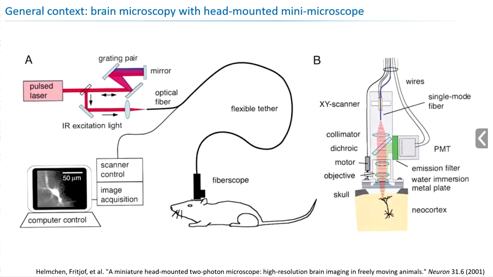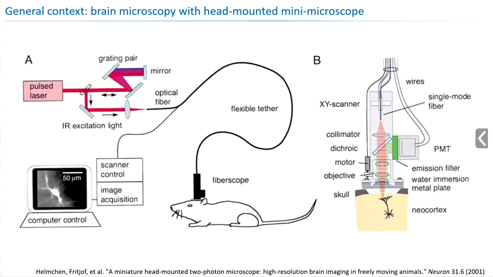Just to give you the context, this is 2001. For more than 20 years, people have tried to do live microscopy of the brain while a small animal is living, moving freely. To do this, they built, this is even a two-photon microscope, a miniscope, which they put on the head of a mouse, trying to minimize the presence of the setup on the head, and to do this, they used fibers, let's say.